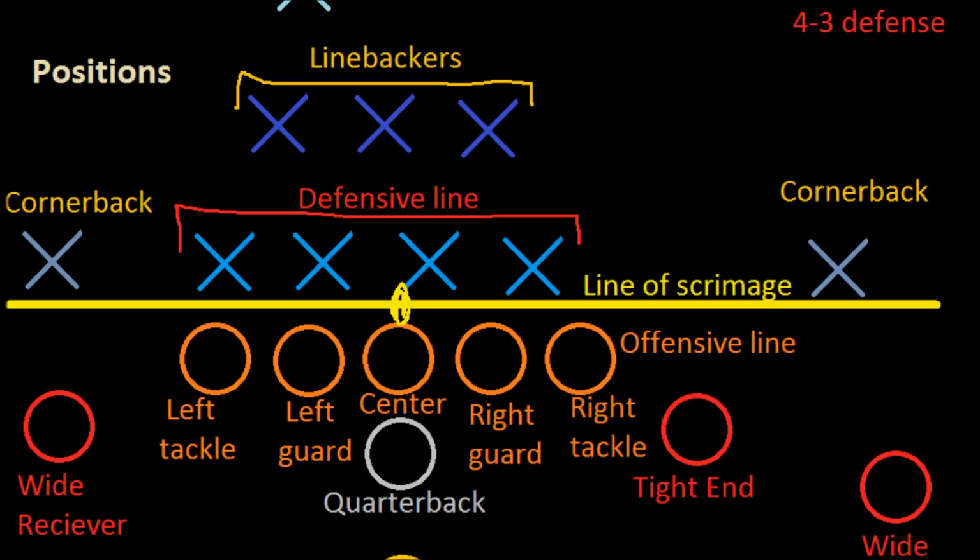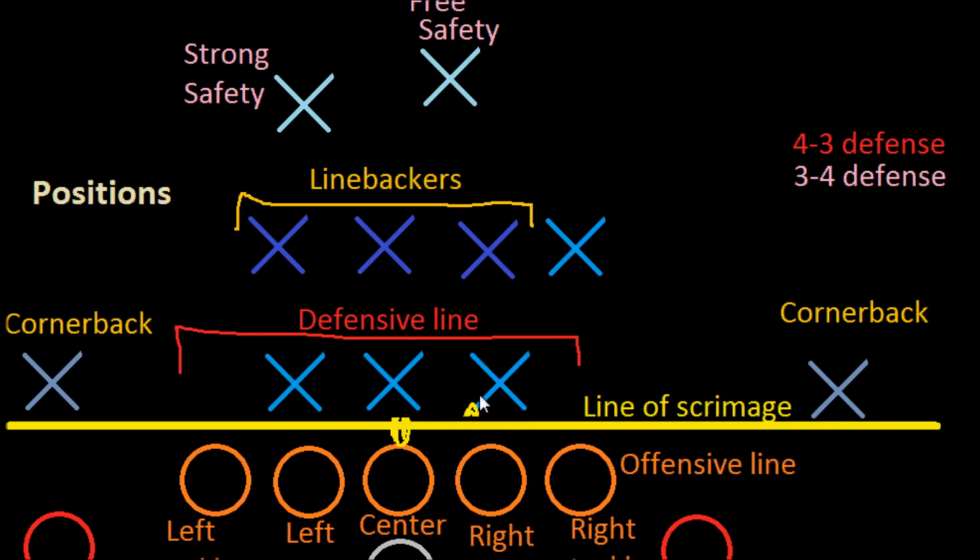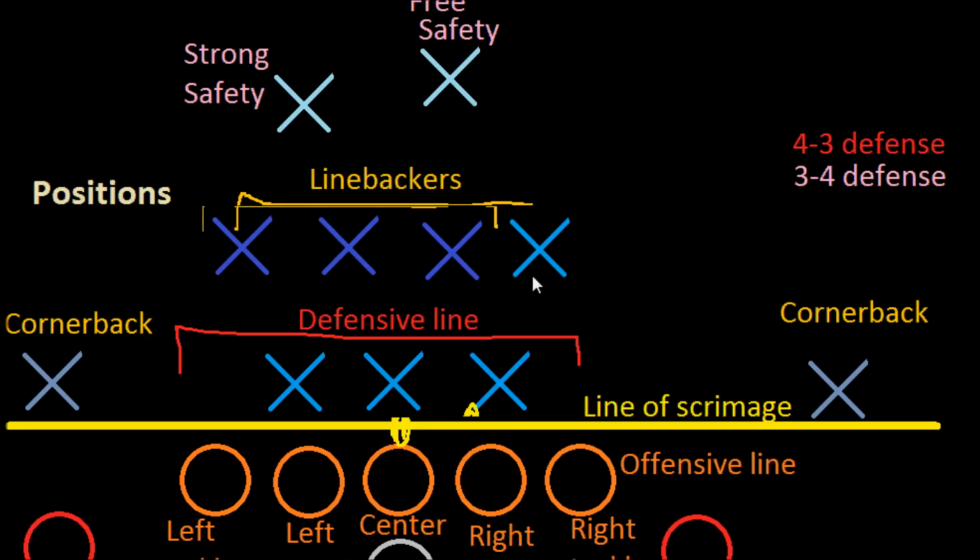The other common way that you might see guys line up instead of a 4-3 is a 3-4 defense, which would simply mean that one of the linemen will actually move back, so you will have 3 linemen move over in the middle there, and then you would have 4 linebackers. That would be the 3-4 defense. And really these guys can stand wherever they want.